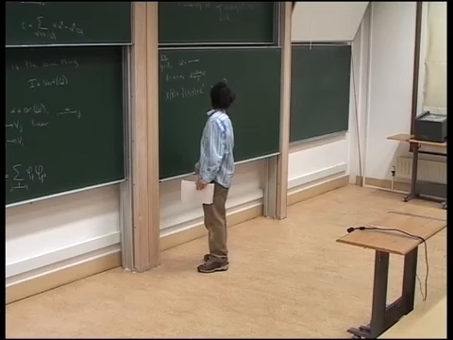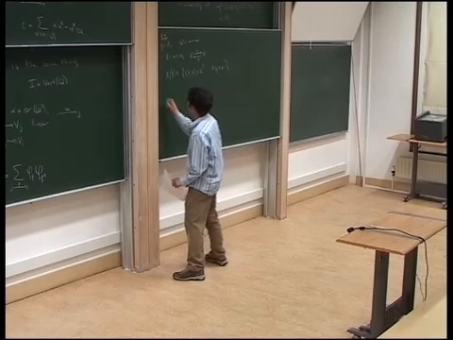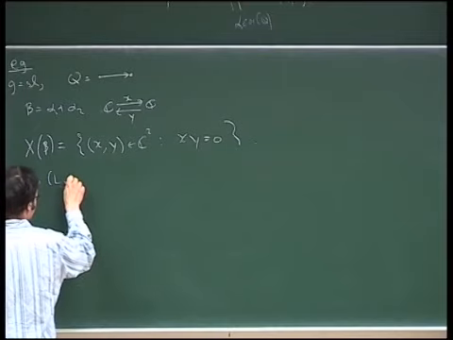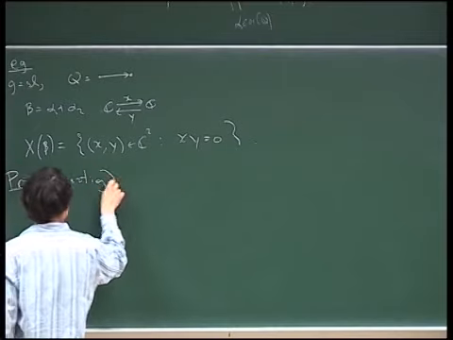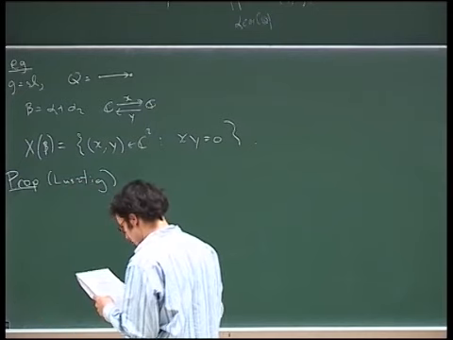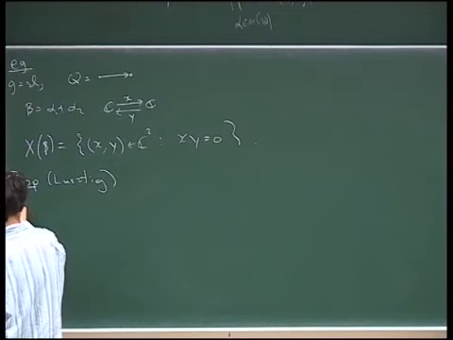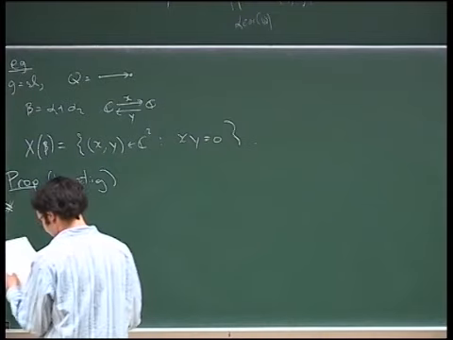So, state a proposition, I guess, due to Lusztig. All of these definitions are due to Lusztig, I believe. Well, not all, but what I'm going to say now is due to Lusztig.